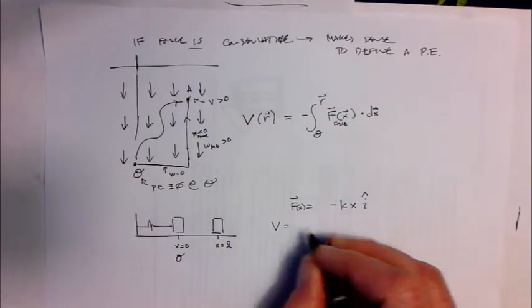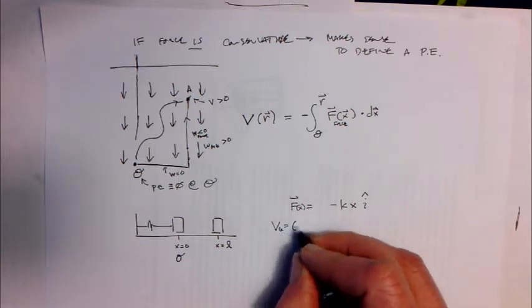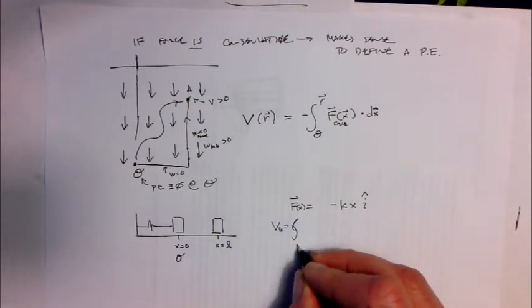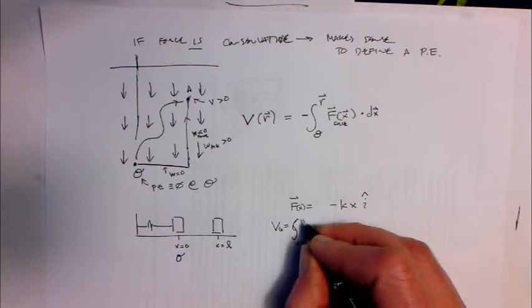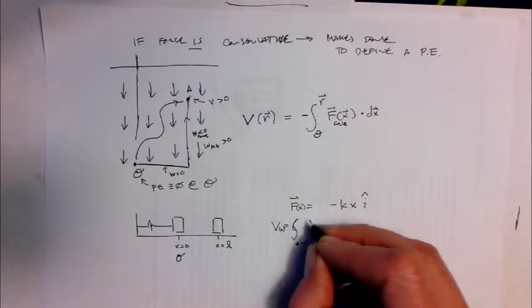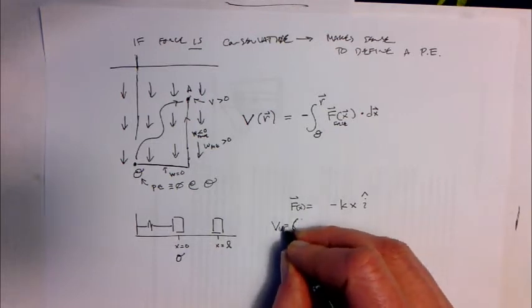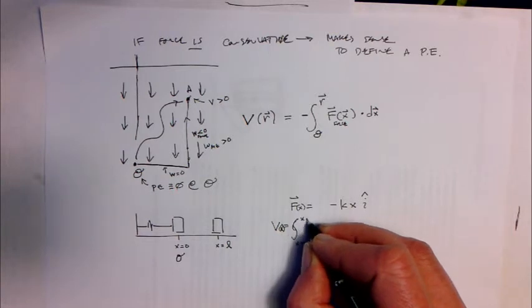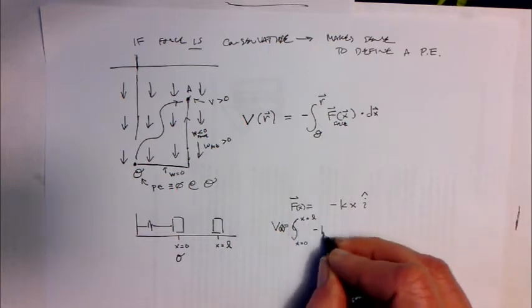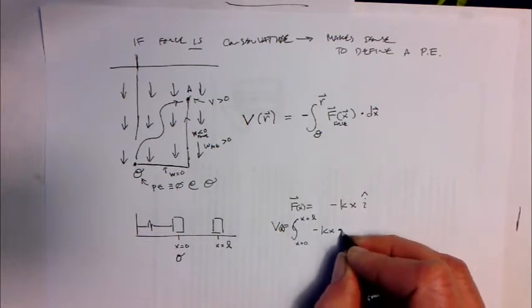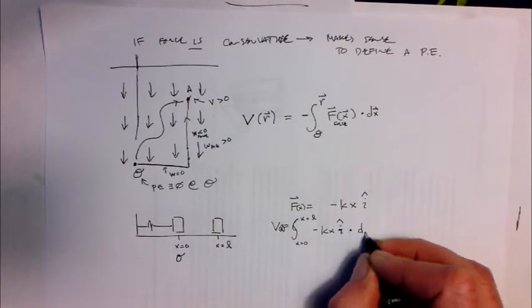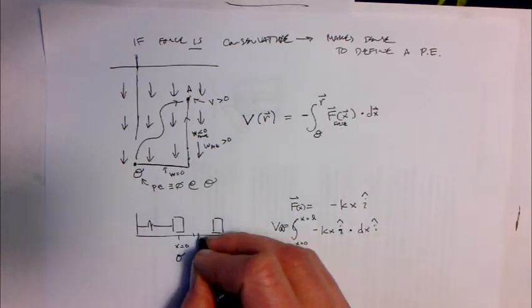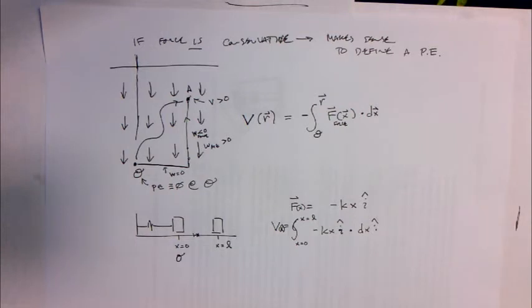So my potential energy at some point x is going to be the integral from my origin point, that is x equals 0, to the point that I'm interested in, which is L. So this is the potential at point L, of minus kx times i hat dot dx i hat, because dx will be this differential length that I'm moving through.